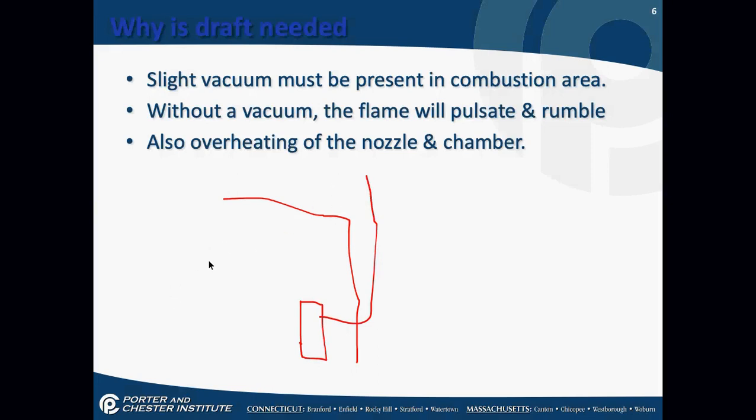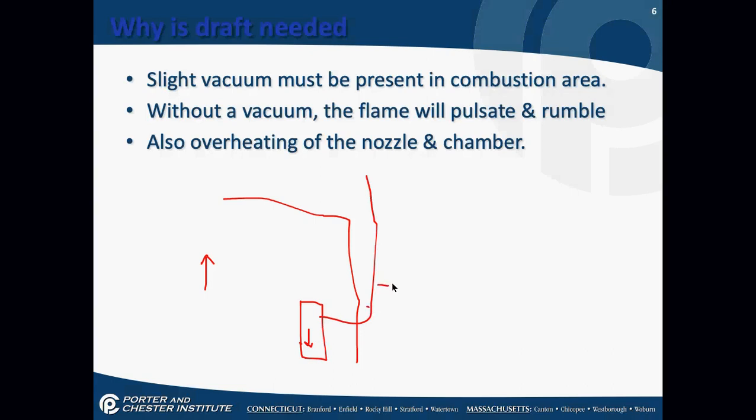The air pressure in this house is higher than the air pressure in the boiler. The air pressure in the boiler or the furnace, the combustion area, is actually higher than the air pressure in this chimney.